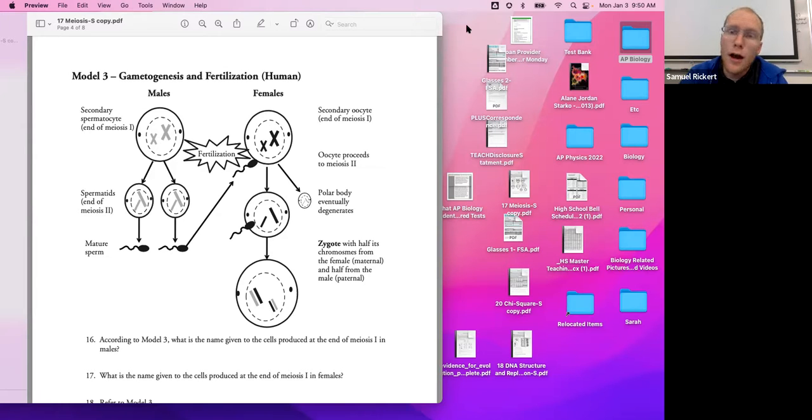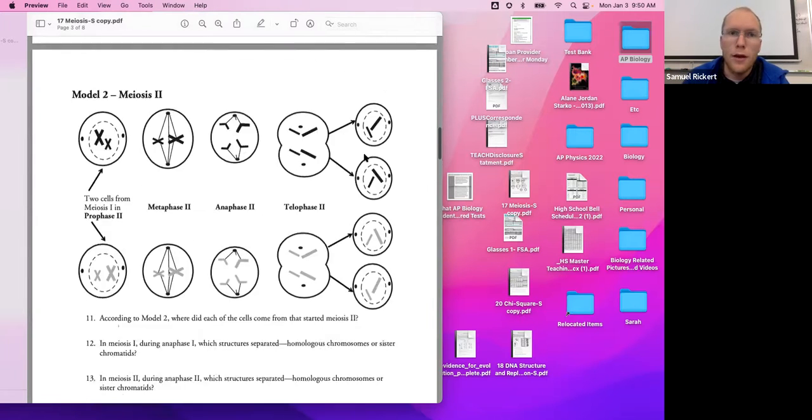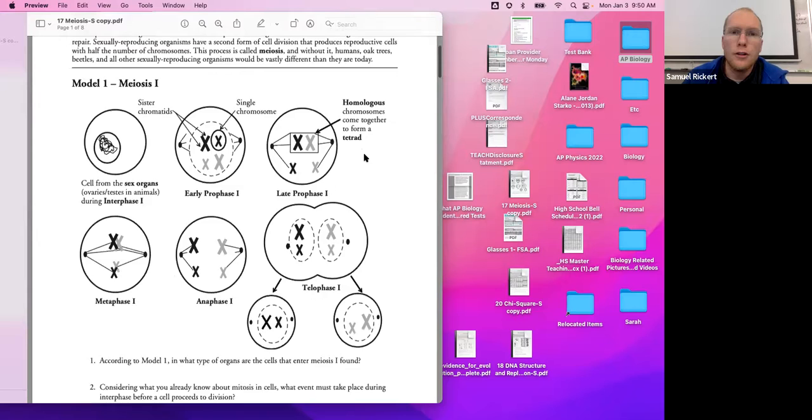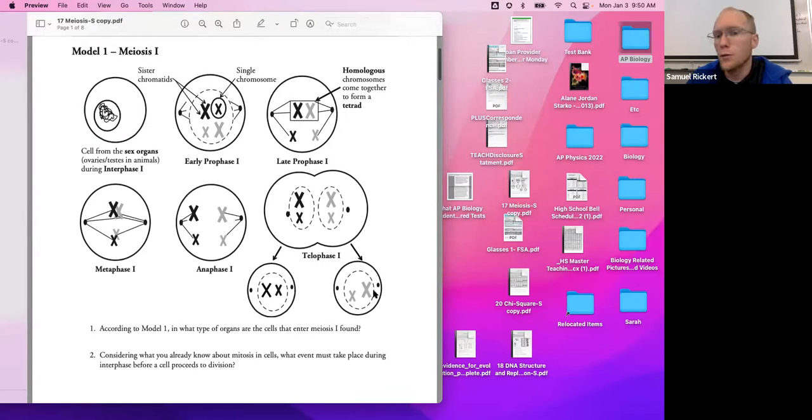Then those homologous chromosomes are pulled apart and separated ultimately into the 2 cell products of meiosis 1, which are genetically distinct 2 cells with still the same number of chromosomes.